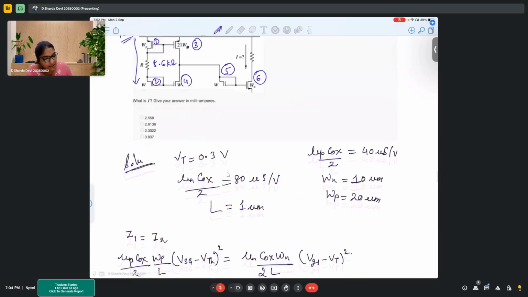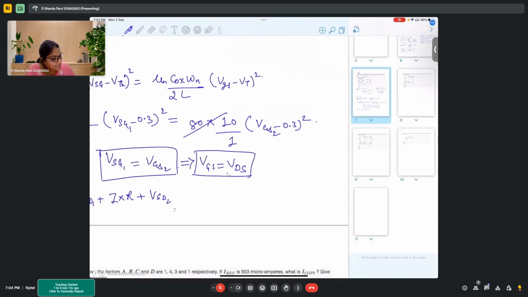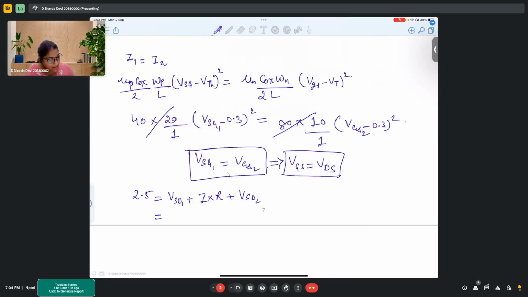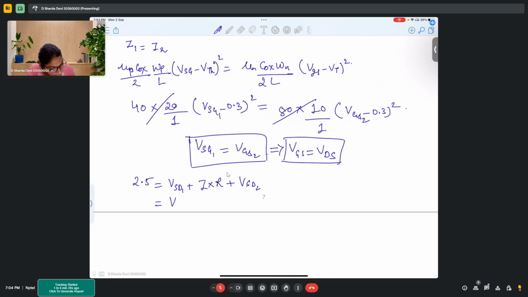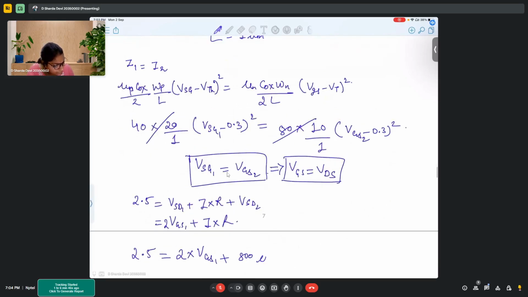Basically, the gate and drain are shorted. Because of that, we have 2 times VGS1 plus I into R. So 2.5 equals 2 into VGS1 plus I into R, where I is 800 micro into (VGS minus 0.3) whole square.